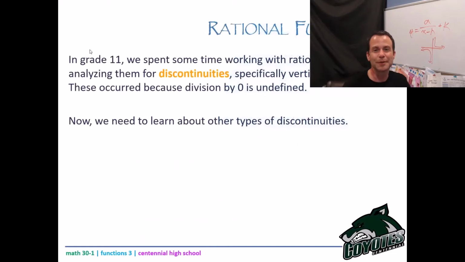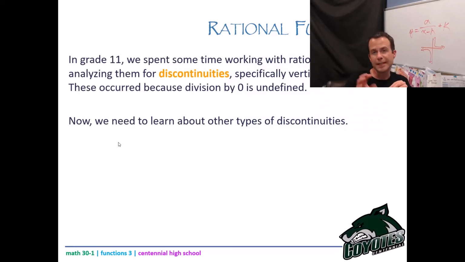All right, so here we go. In grade 11, we spent some time working with rational functions and analyzing them for discontinuities. Now, discontinuities are any time where the graph won't continue, essentially. Now, we only have really talked about one type of discontinuity, and that was a vertical asymptote, okay?